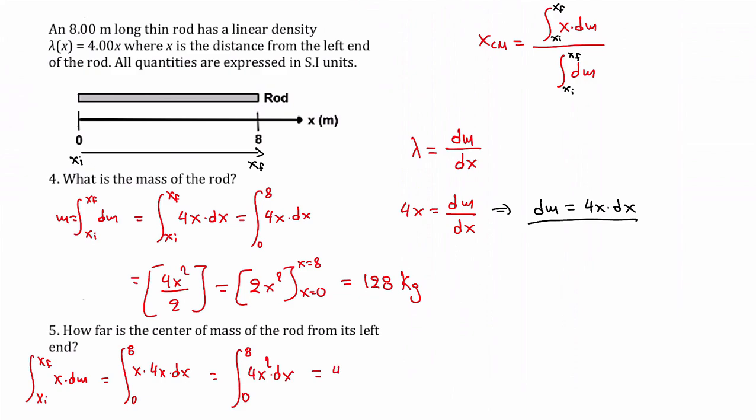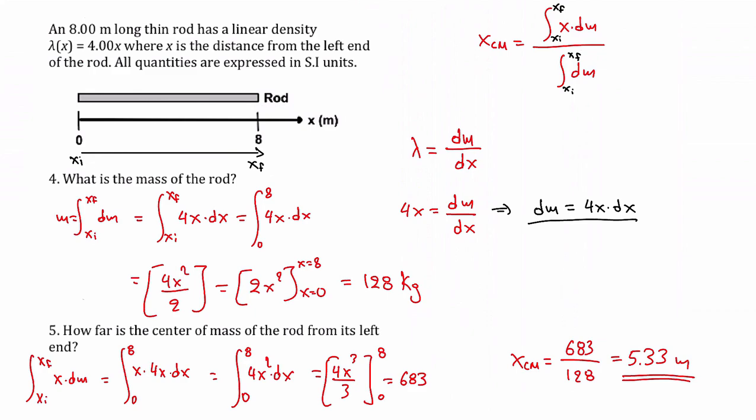This is 4x to the power of 3 over 3 from 0 to 8, and the value for this is approximately 682.67, so 683. Now this is not the final answer. The position of the center of mass is the value 683 divided by 128, and this results in approximately 5.33 meters away from position 0.